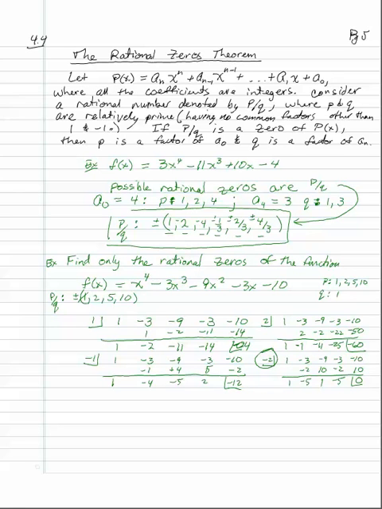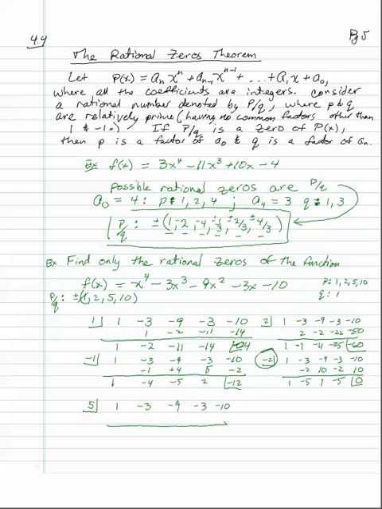And just to save time, we'll just go to 5. 1, 2, just go in order there. So 5, 1, negative 3, negative 9, negative 3, negative 10.